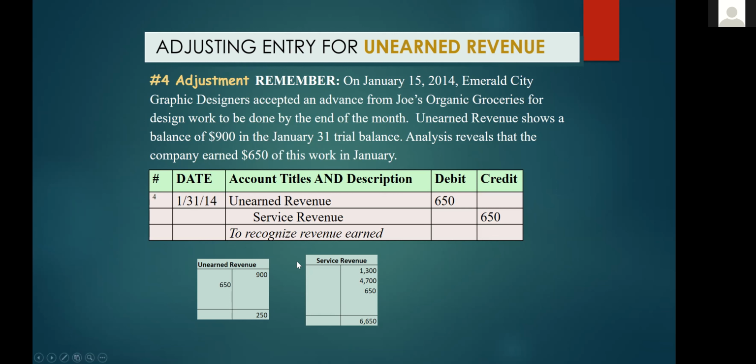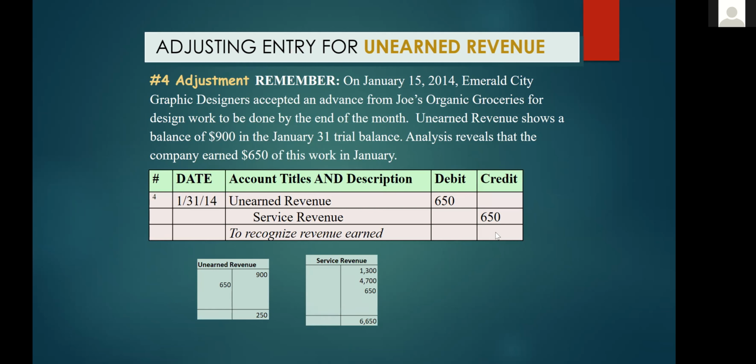So debit unearned revenue, because we want to reduce the unearned revenue account because it's not unearned anymore. And now we're going to move it to the income statement, but it's not an expense, it's revenue. So we're going to call it revenue. So unearned revenue, 650, reduces the liability, and we increase sales by 650 because the company earned the additional 650 in the month of January.